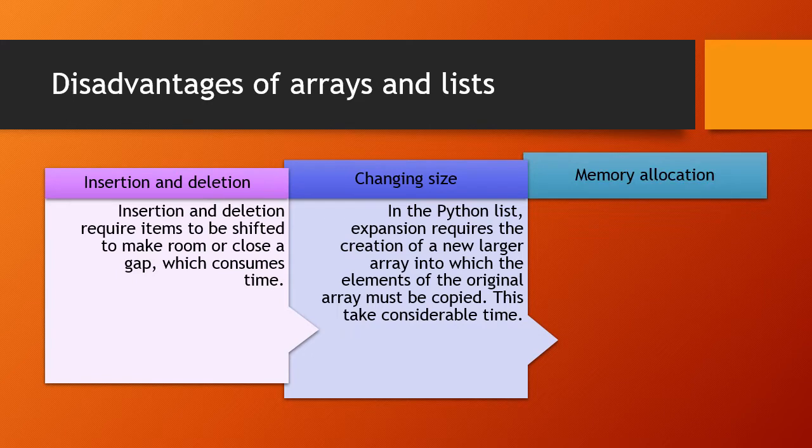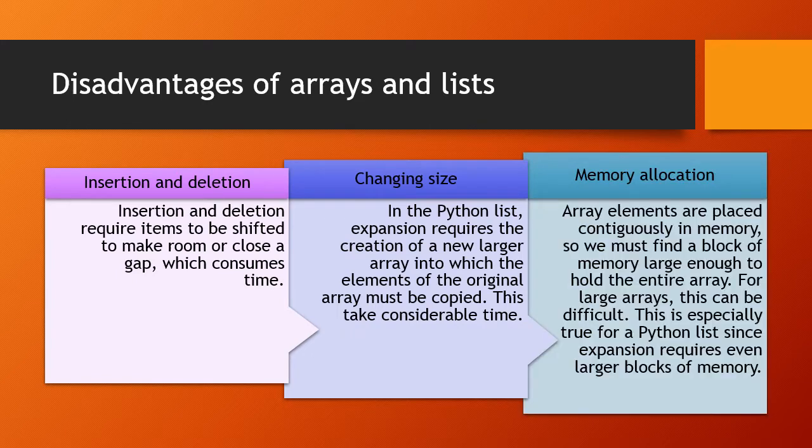Memory allocation. Array elements are placed contiguously in memory, so we must find a block of memory large enough to hold the entire array. For large arrays, this can be difficult.